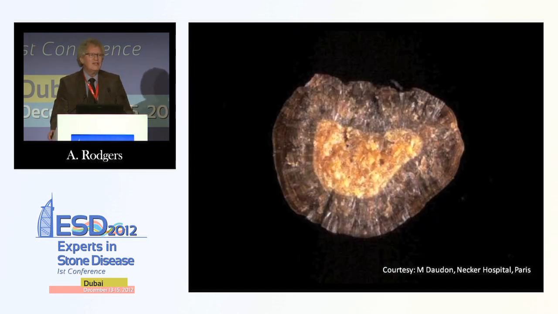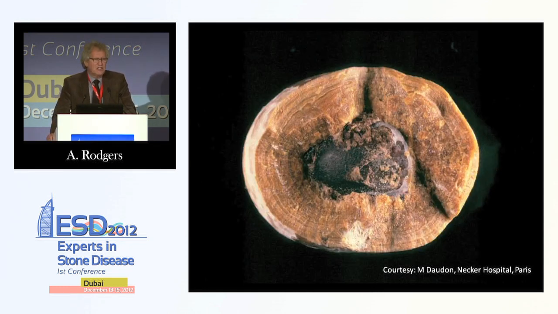Now, just to illustrate a very simple example of the importance from the clinical point of view of analyzing the stone, this particular stone has as its central core uric acid. On the outside is calcium oxalate monohydrate, and this is just the opposite. The central core is the calcium oxalate monohydrate, and the outside is the uric acid.